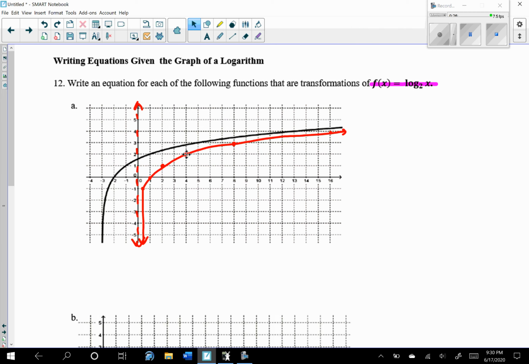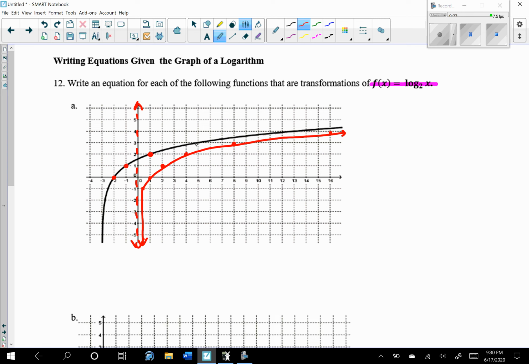If I take this graph, it looks like I've gone obviously to the left, and it looks like I've possibly moved it down, but it's hard to tell. So if I use this point right here, I always usually start with 1, 0. So if I take that point and go left 1, 2, 3, and let's take this point left 1, 2, 3, left 1, 2, 3.